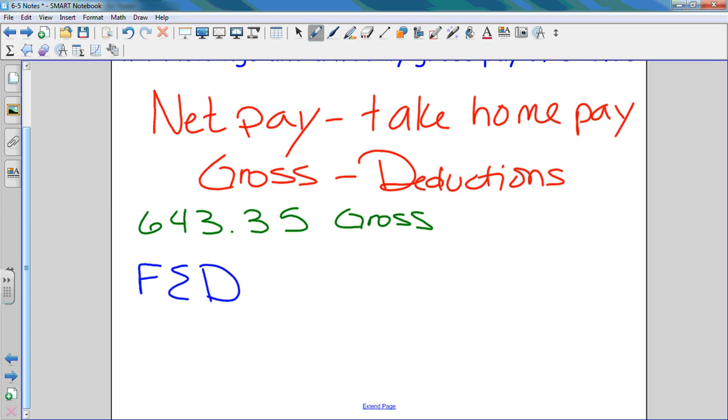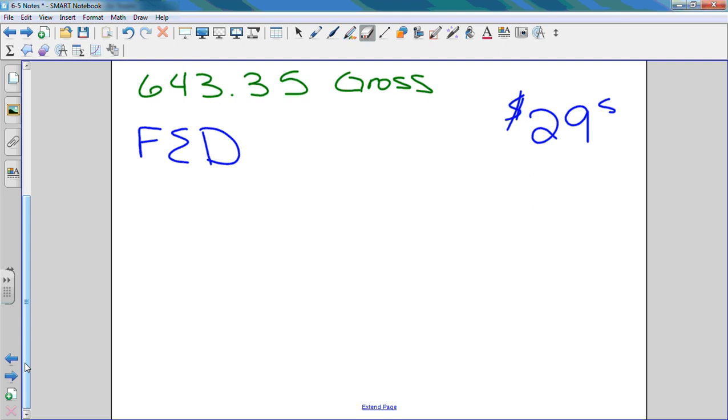Everybody find that number? So for this guy, the federal government is taking out $29 for this paycheck. I used the table for that, so make a note to yourself. We didn't use the percentage method. We'll do that in the next one.